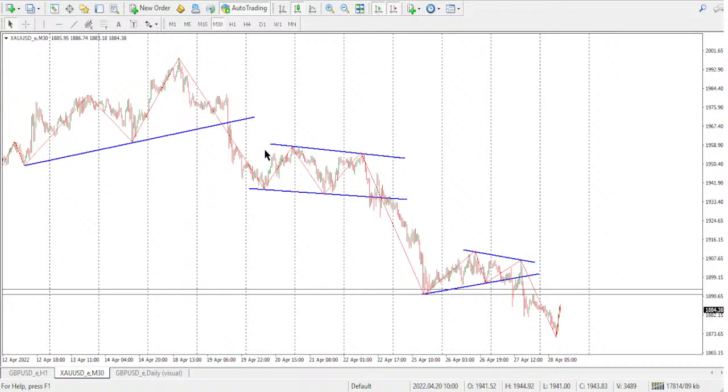So if you see something which looks like a shape like the one I have here, you can draw your lines around it. If you see another one which looks like a shape like the one I have here, you can also draw your lines around it.